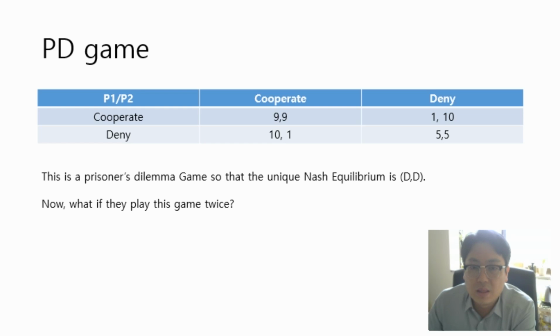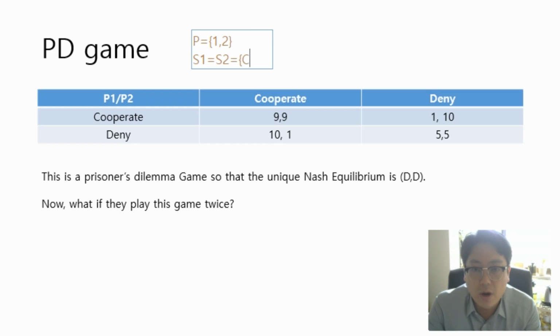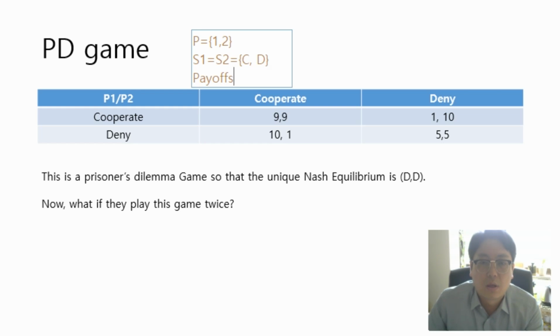In this prisoner's dilemma game, the first player and the second player have the strategies cooperate and deny, and their payoffs are here.